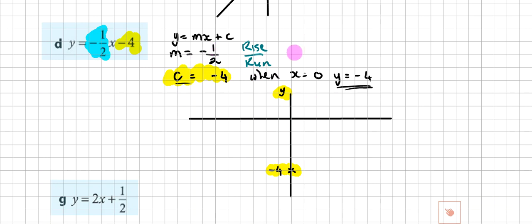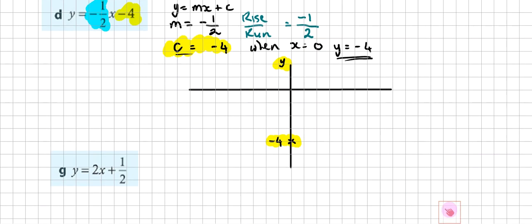The fact that it's negative 1, well, what does this mean? That the rise is negative 1, and my run is 2. So how does that work? Well, we know we start at negative 4. So I drop 1. My rise is negative 1, so I have to go down 1, and my run is 2, so I go across 2.